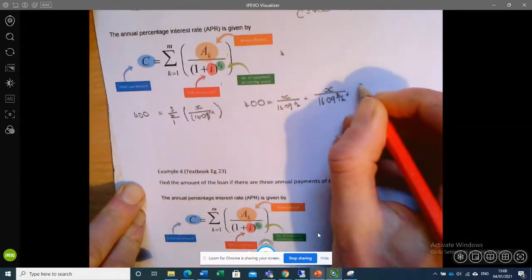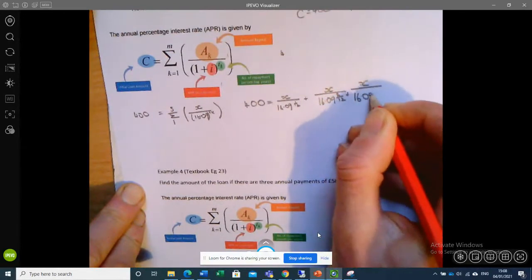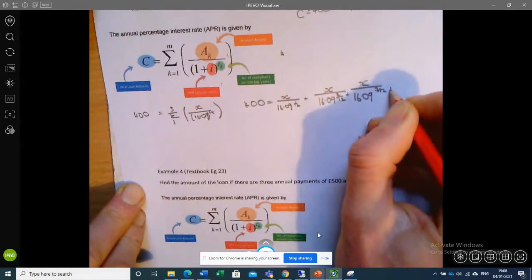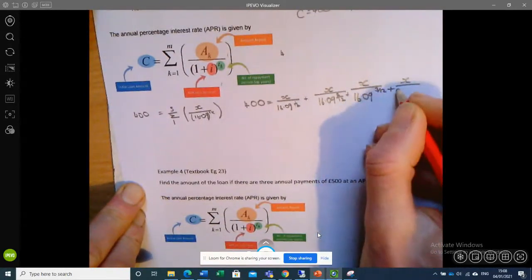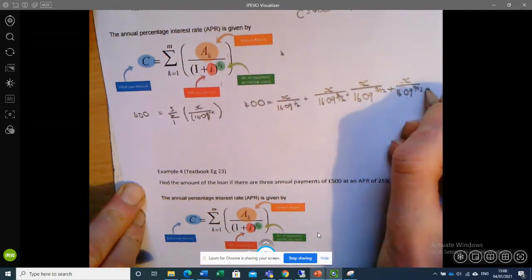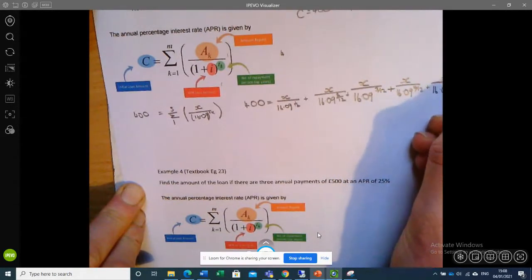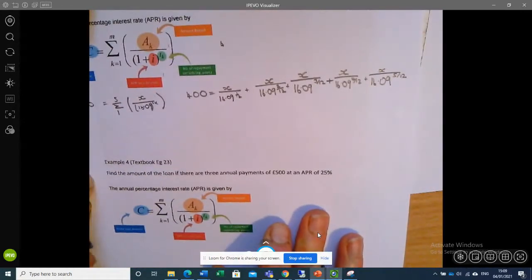The third repayment is after 3 months, 16.09 to the 3/12. And you keep doing that for each repayment. Okay, so you've got 5 repayments there.